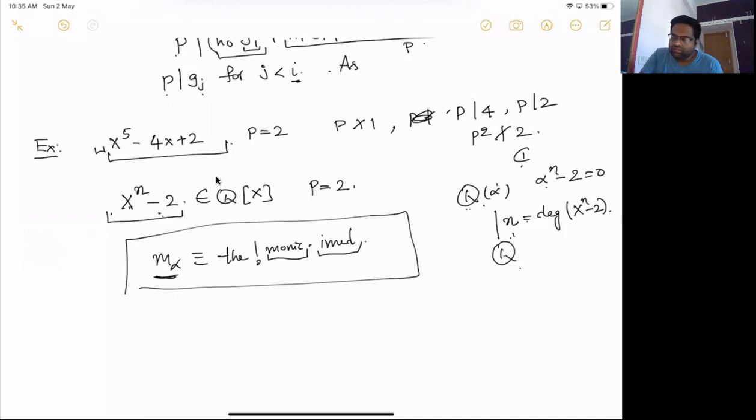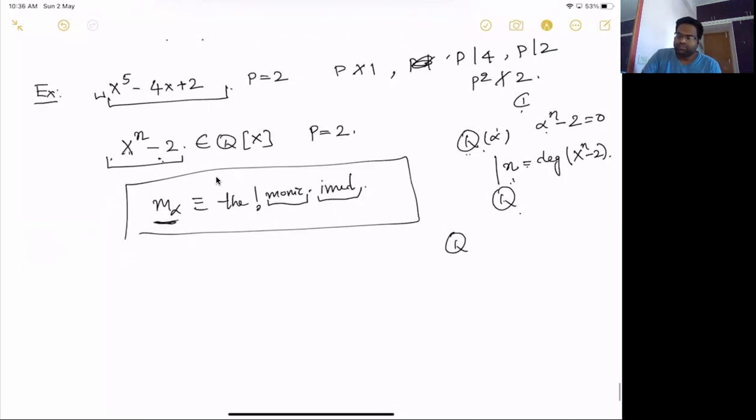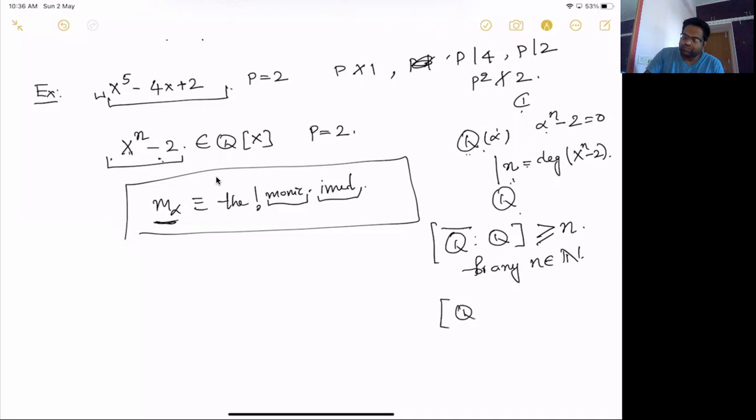So now you see you were able to construct arbitrarily large degree extensions, and therefore if you consider the algebraic closure of Q, its degree is at least n for any natural number n. Therefore, in particular, the degree of the algebraic closure of Q is infinity.